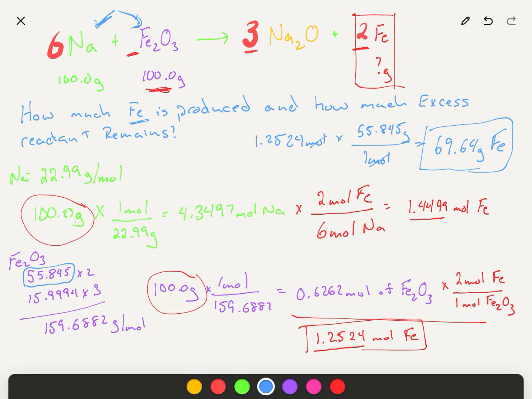To do that, I'm going to go back to my 1.2524 moles, because that's how much I ended up producing. From there, I can easily go back and figure out how many moles of sodium were used by just using my molar ratio in the opposite direction.